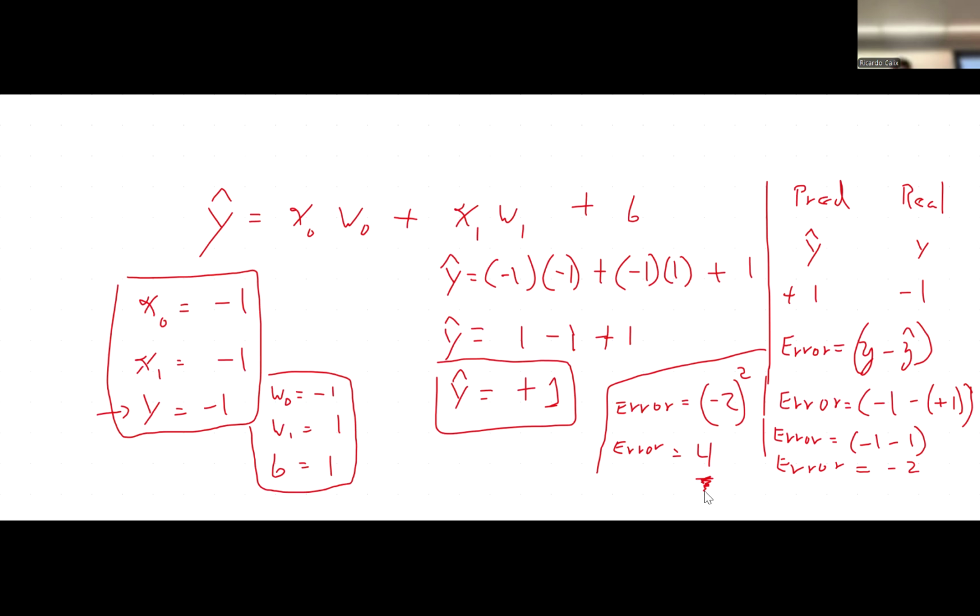I want to have a perfect prediction, right? So perfect prediction means that this value of 4 needs to go down. I need to minimize that 4. And how do I do that? I need to do that by modifying the weights and the biases, the W's and the B's. Everyone with me so far? All right, great. So let's go ahead then.